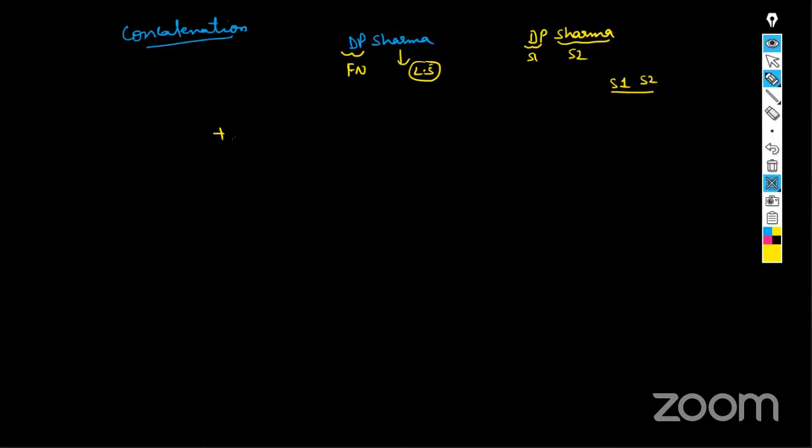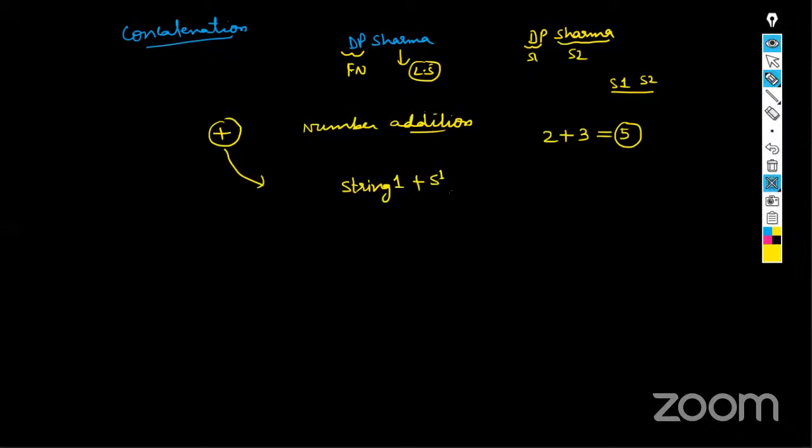By default, plus is defined for number addition. If you use this plus with two numbers, one before the plus and one after, it will do the addition and give the output 5. At the same time, if you use strings, let's say string 1 plus string 2, it will not add like this, it will concatenate one after another.